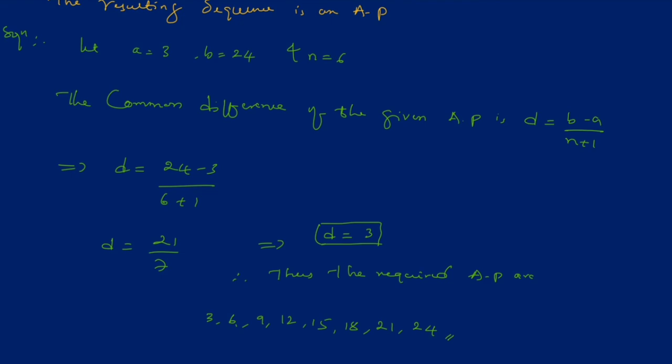So how to insert numbers in between any two numbers, up to n terms: we can add them in between any two numbers. To find the arithmetic progression, we have to use the arithmetic mean. By using the arithmetic mean, we can find the common difference first. Later on, we can find the arithmetic progression also, right?